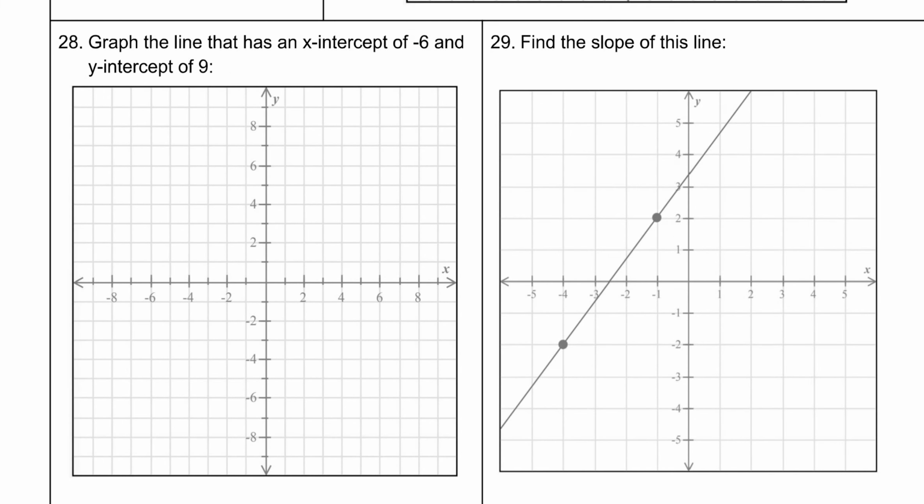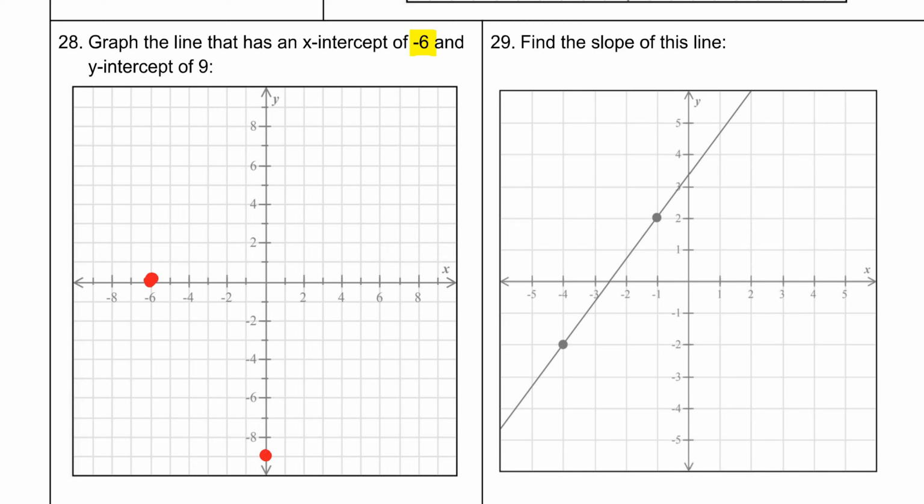I need to graph a line that has an x-intercept of -6. So an x-intercept of -6 is over here, and a y-intercept of 9 is over there. Before I look at this graph here, a slope is rise over run, right?